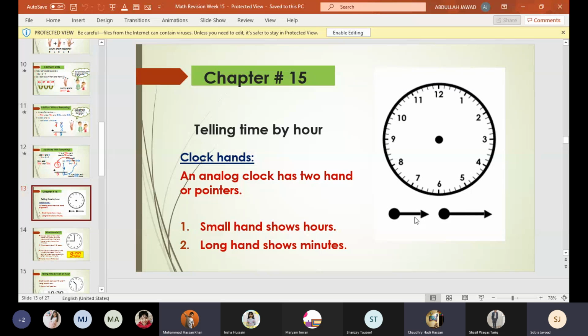Okay, this is the presentation. Now let's start. After 2 minutes, we will start, because we already have a short period. This is a presentation and this is chapter 15 we are revising today: telling time by hours and half an hour.